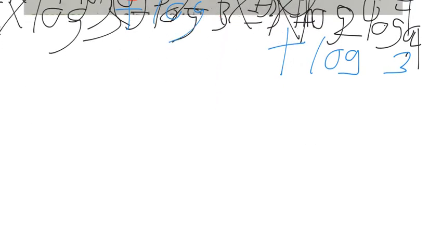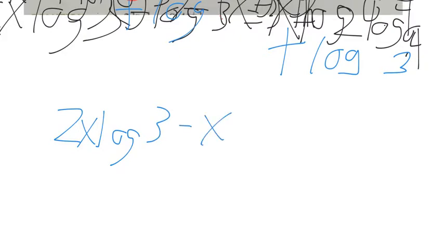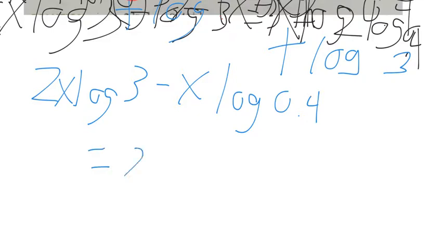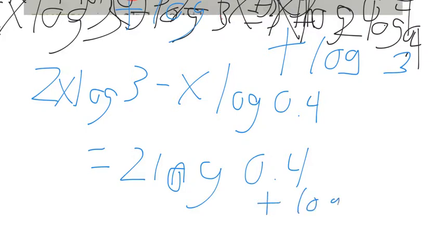You should end up with, on the left-hand side, 2x log of 3 minus x times log of 0.4 equals, on the right-hand side, 2 log of 0.4 plus log of 3.